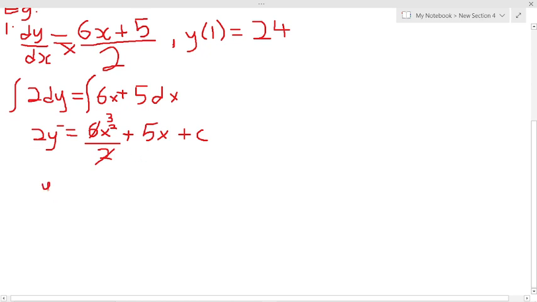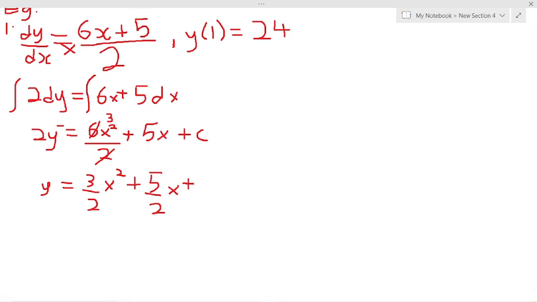So we get y equal to 3 on 2 x squared, plus 5 on 2 x, all plus c. Now remember the same way we did c minus c equal to 0. If you divide a constant by 2, you are still getting a constant. So all this place is still c, and that is it.